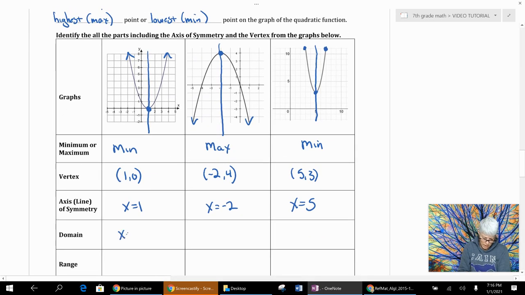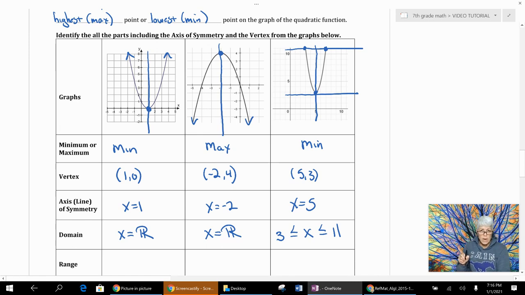So the domain is all real numbers for the first one, all real numbers for the second one. But for the third one, there's a bottom and there's a top to it. So that minimum value is going to go to the left. The maximum value is going to go to the right. And because they're dots and not circles, we're going to do less than or equal to, less than or equal to.